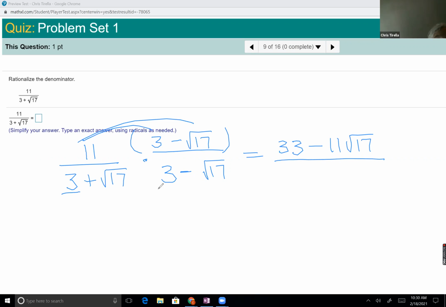Denominator, it's the first one squared. 3 times 3, that would be 9, minus the second one squared. Radical 17 times radical 17 is just 17. So that leaves me with 33 minus 11 radical 17 over negative.